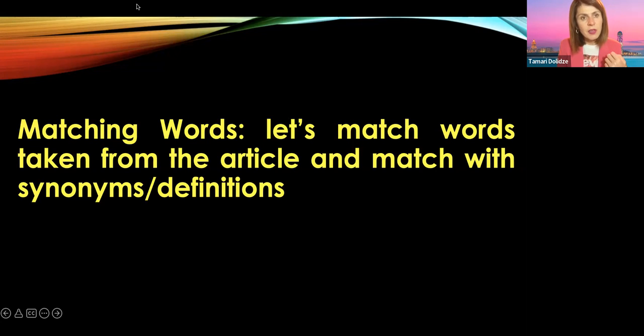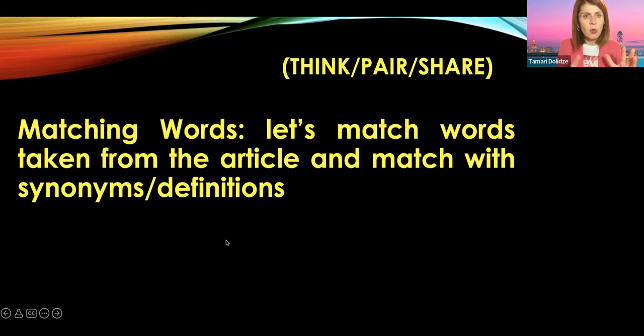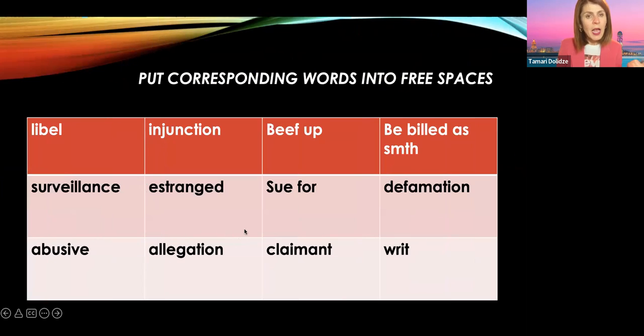And after this, students can be given ready-made words from the article, and they are kindly asked to think, pair, and share in peer work. Can you see, almost nine words from this article, starting from libel, surveillance, estranged husband, like a not divorced one, sued, abusive, allegation, claimant, defamation, and students were given definitions together with these words on a separate page.